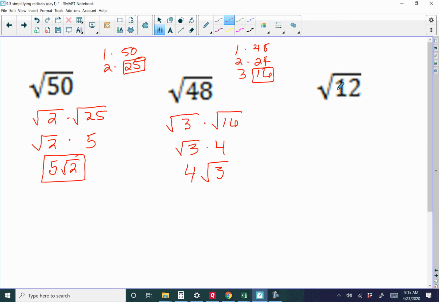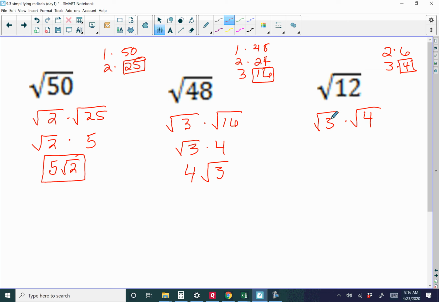Square root of 12. So again, factors besides 1 are 2 and 6. 2 times 6 is 12. There are no perfect squares there, so 3 times 4. 4 is a perfect square. So I'm going to change this to the square root of 3 times the square root of 4.